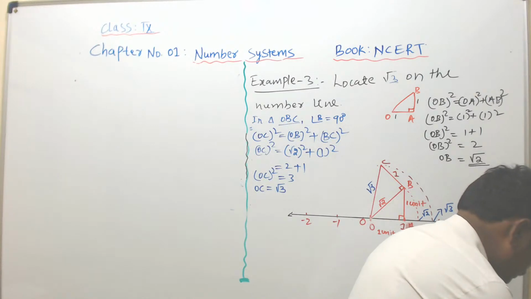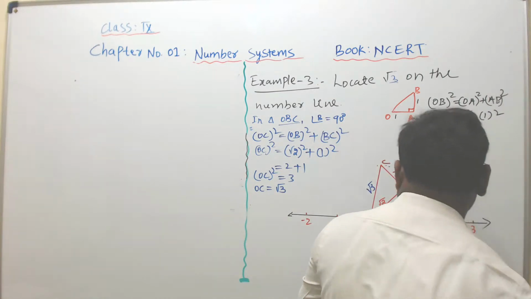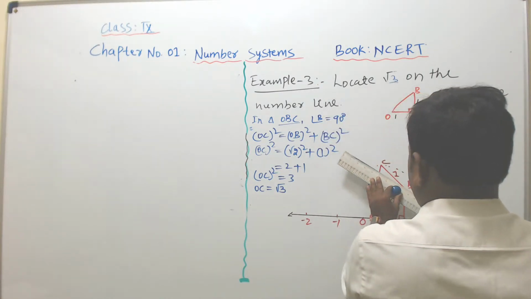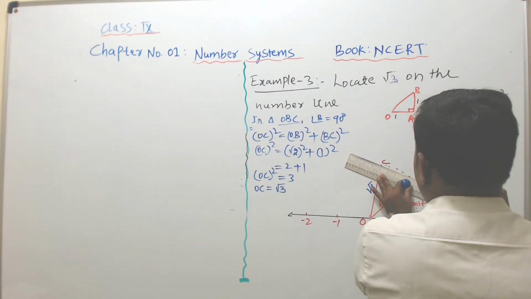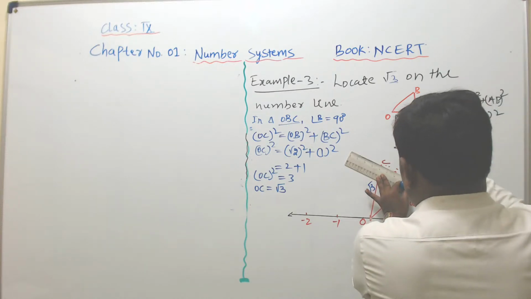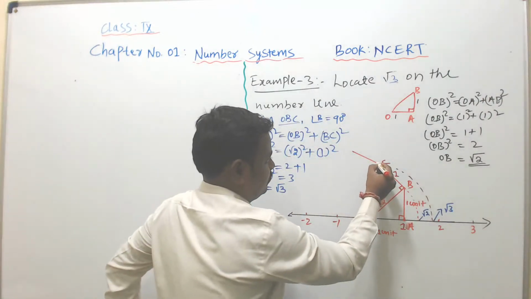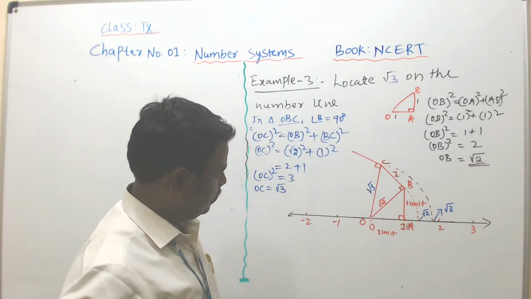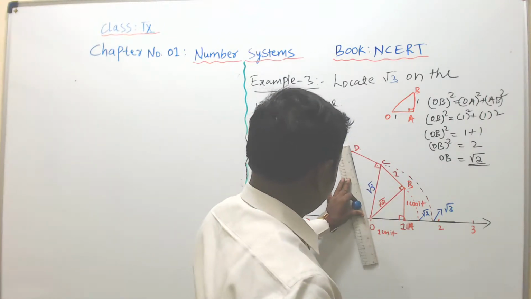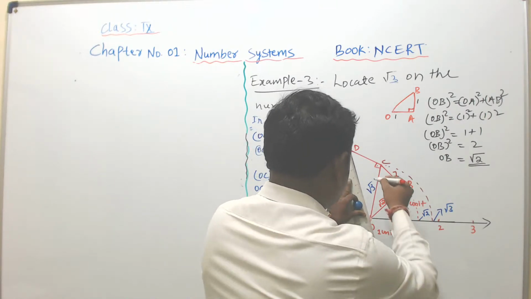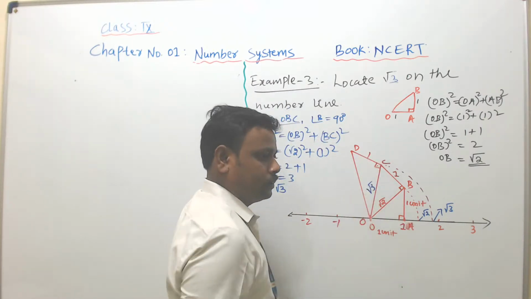Same way we can do root 4 also. Listen. Again we have to draw one perpendicular line to the point C. Once again we have to join. You can call this point D. Then join O to D, and this is also 1 unit.